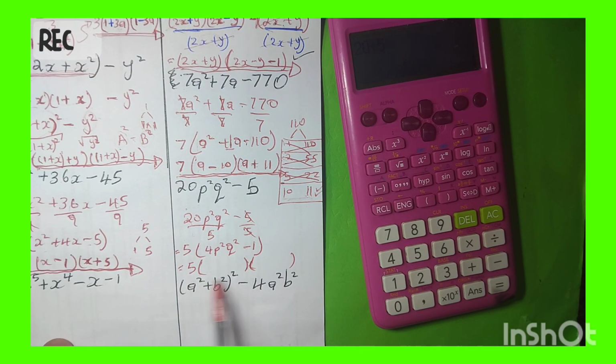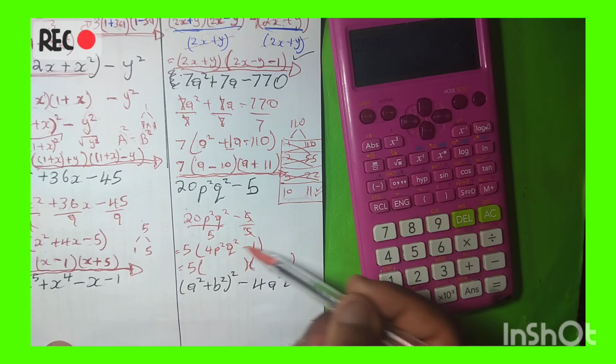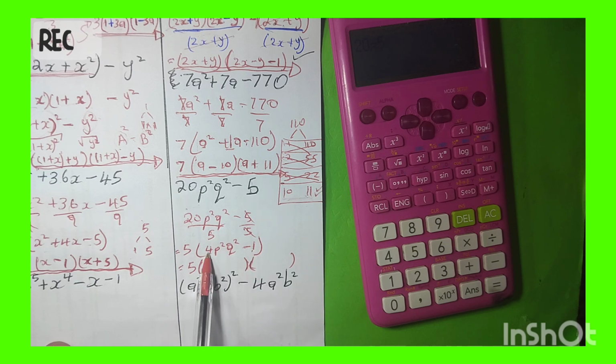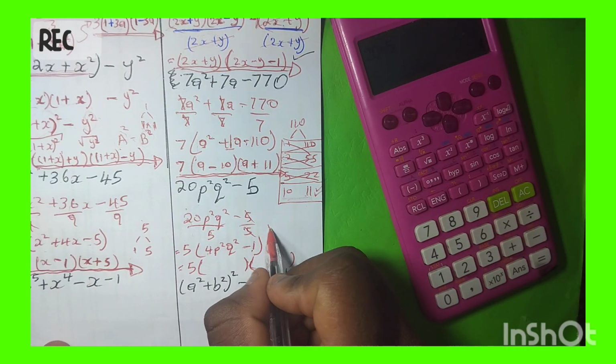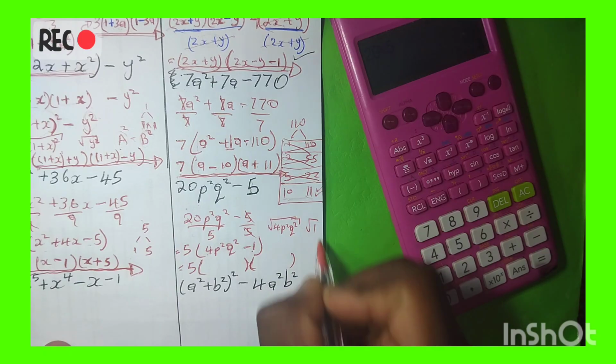The reason why I say open and close is because here we've got the difference of two squares. You are able to take the square root of this, and you are able to take the square root of that, and at the same time you are able to have the exponent there. So this is how you will do it. You will take the square root of p²q² and the square root of 1.